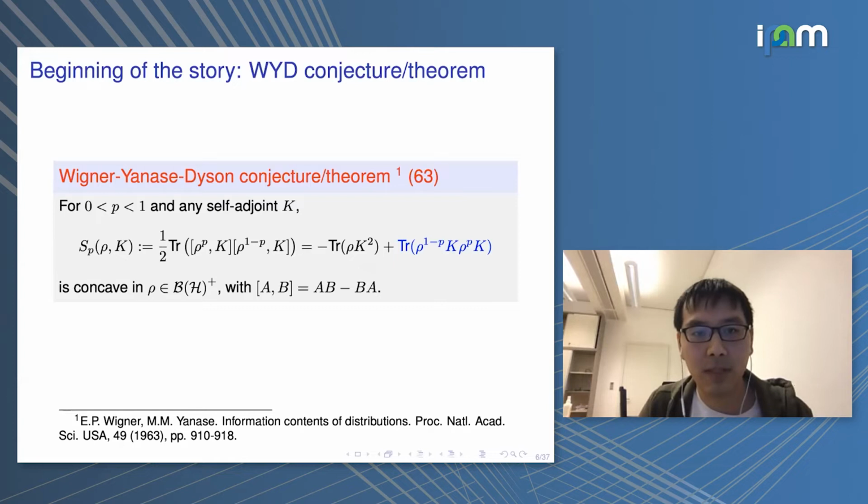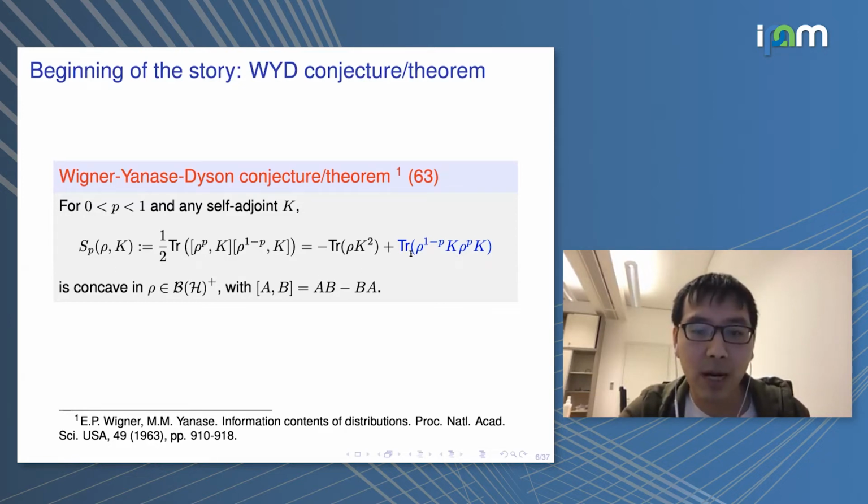It is a conjecture by Wigner-Yanase-Dyson in 1963, which says for any p between 0 and 1, and for any self-adjoint matrix K, the following quantity, which we may call the minus skew information, is concave in rho.